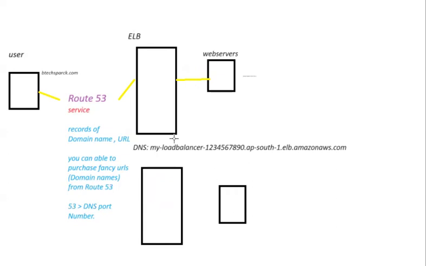Let's say I have a lot of traffic from the USA as well. So I have provided my elastic load balancer and my servers in the USA as well. For providing high availability, I provided my web servers as well as my elastic load balancer in the USA region.